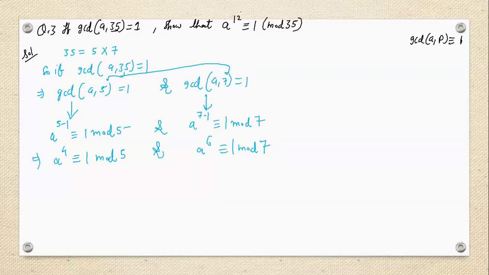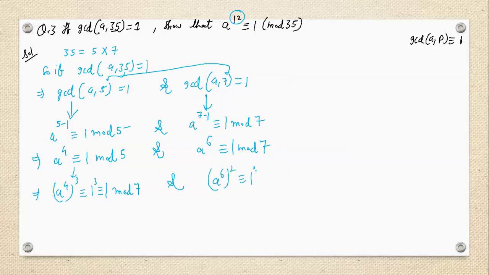Here you can see that I have to make 12 here. So can I raise to the power 3 here? That is a to the power 4 to the power 3, so here 1 to the power 3 will be equal to 1 mod 5. And here I should raise to the power 2, because to make it 12 I have to raise to the power 2.